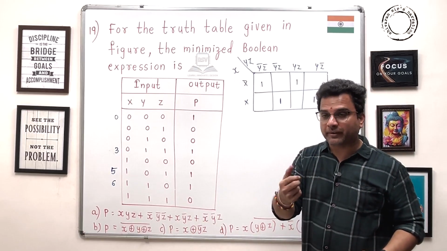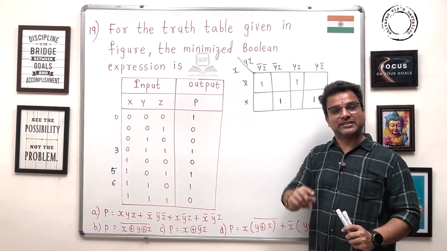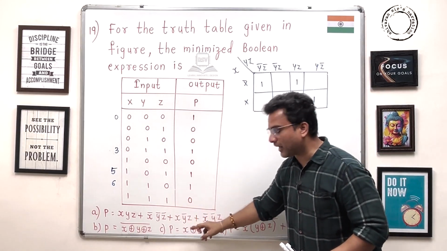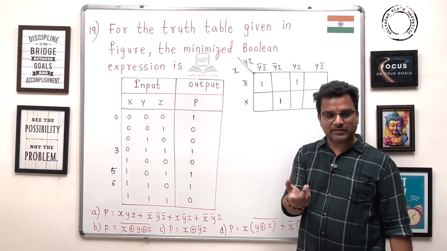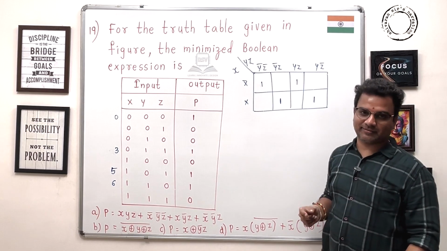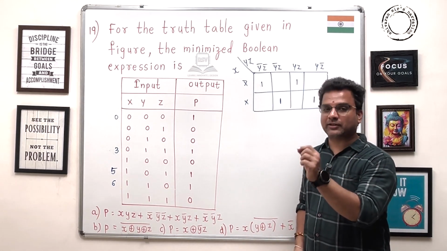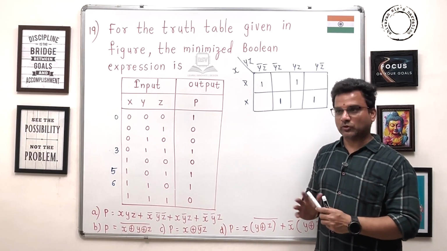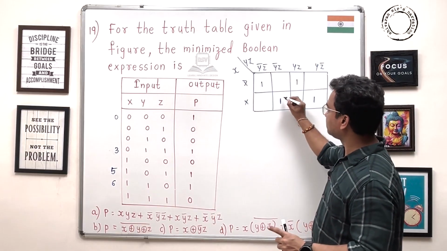You cannot minimize further. That's a twist in this particular question. That's the reason I have given you the options. Right? Easily, if it is a question, you people can write this one. But here options are there. You need to choose the correct option. How? So here you cannot minimize further. Leave it.